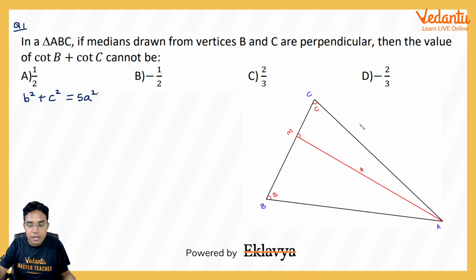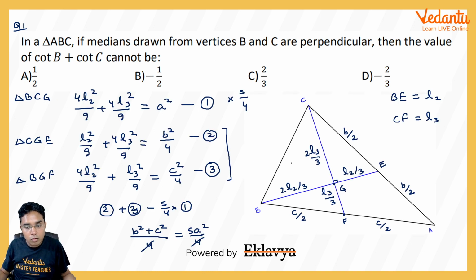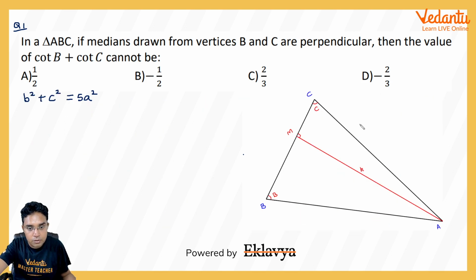Now this result is actually a consequence of the two medians passing through B and C being perpendicular. So whatever else we are going to do, this has to be used at some place. So let me call this equation number 4.